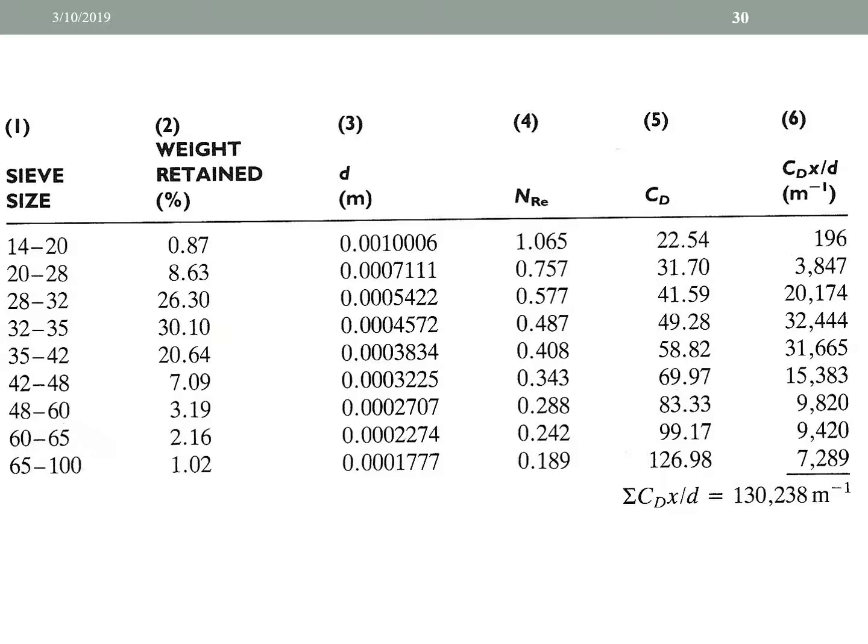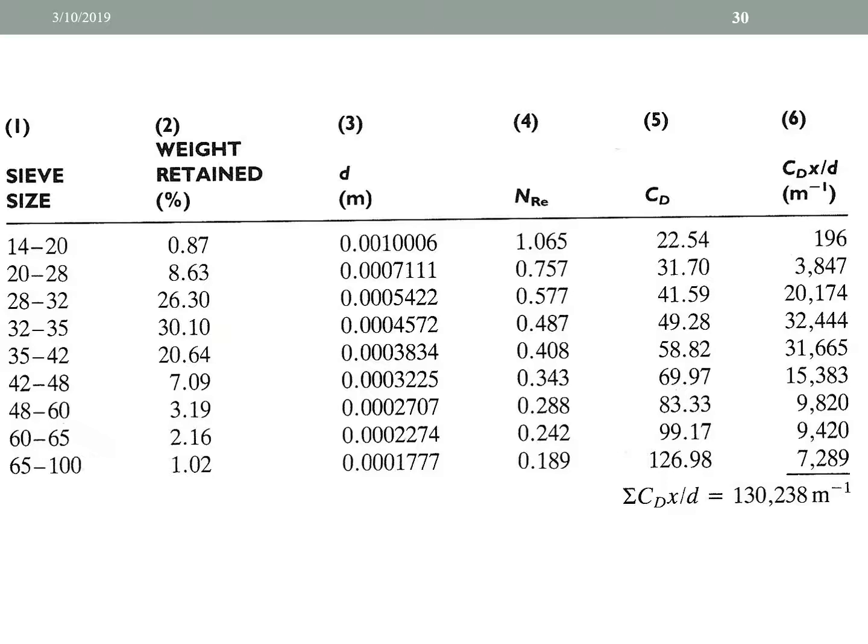At column number 3, that is the average diameter of the particles for sieve number 1, as you see here. At column number 4, that's Reynolds number. Based on the formula in the previous slide, we have to calculate Reynolds number.